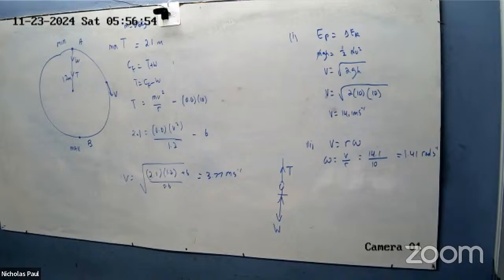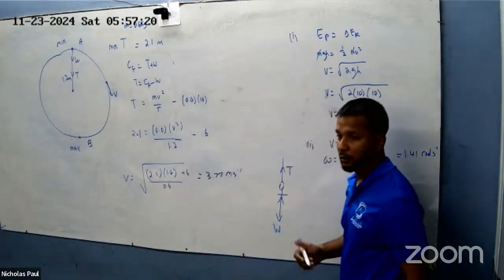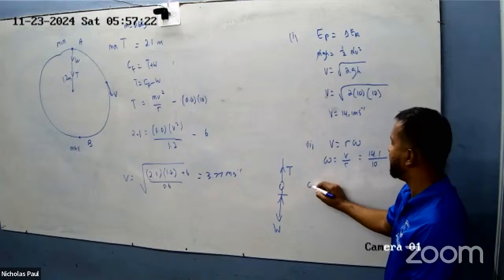You can read it that way. When you're ready for the result, the ground force is equal to CF minus something. Right, so what's here? And CF will be mv squared over r. Last part, right? C part two.